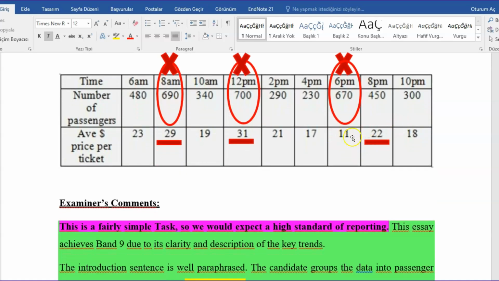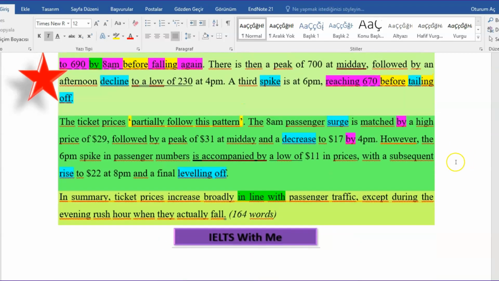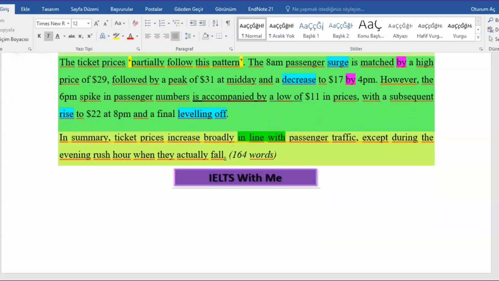After $17, there is an increasing pattern to $22, and then leveling off, tailing off. These are essential vocabulary items for getting a high score.